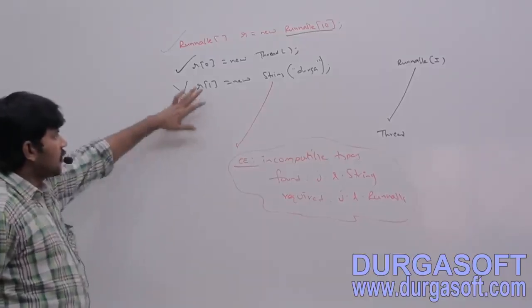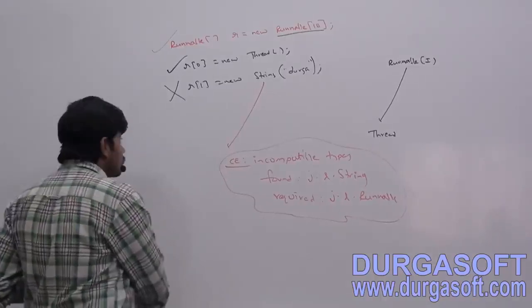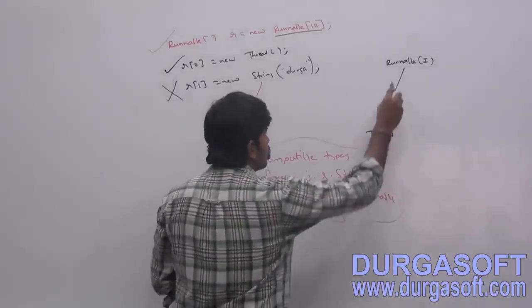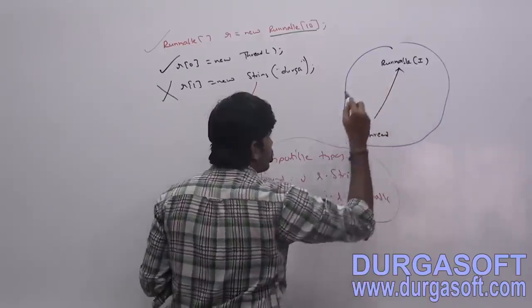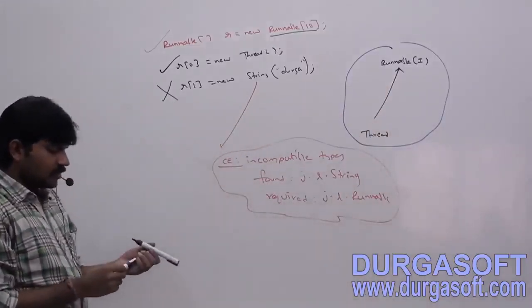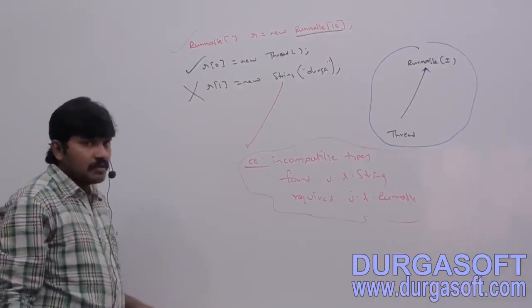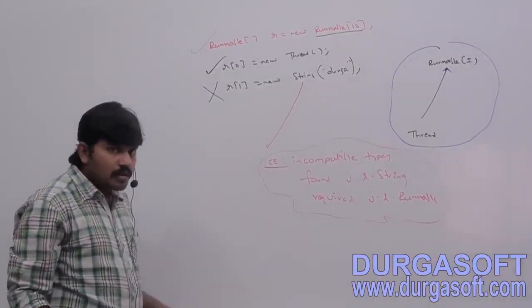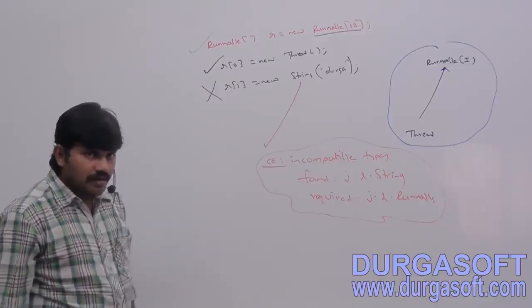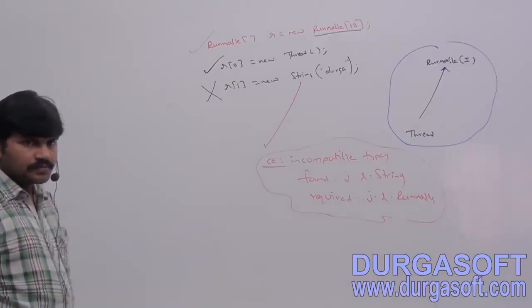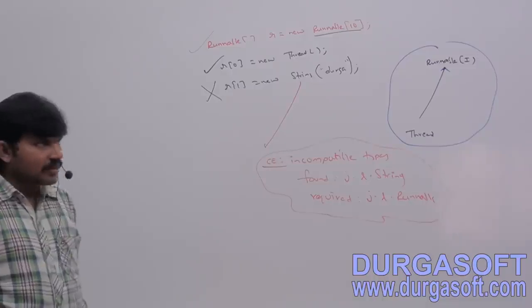Take this example. Compile time error, right? A Throwable object. Compile time error, because Throwable doesn't implement Runnable, either directly or indirectly.